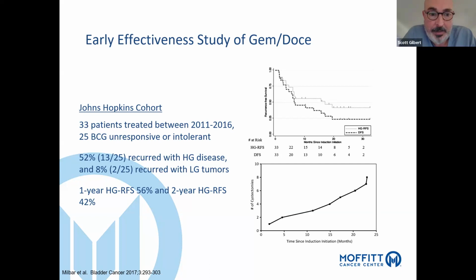And you see at 1 year, the recurrence-free survival rate of having a high-grade recurrence was 56%, and at 2 years, 42%. And that brings up an interesting and I think important side comment, is that if a patient has a low-grade, a true low-grade recurrence after this regimen, that should not deflect you off of your maintenance schedule, or you should not consider those patients failures.